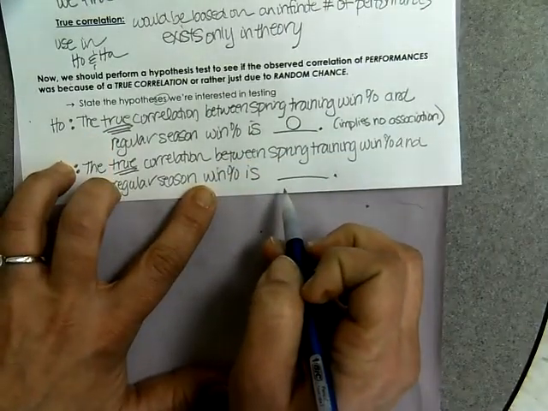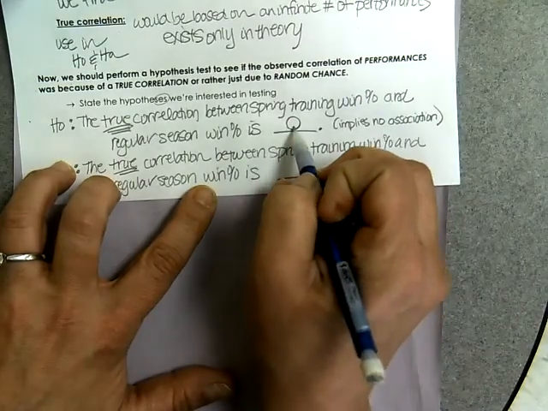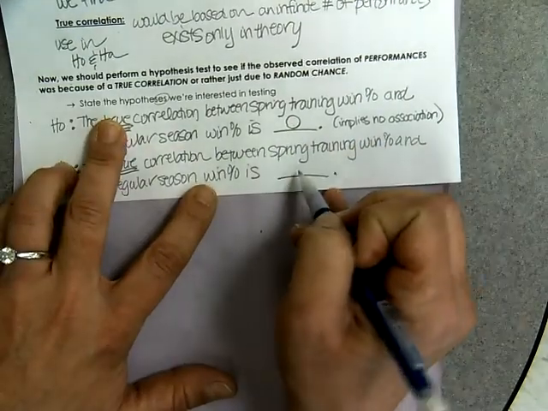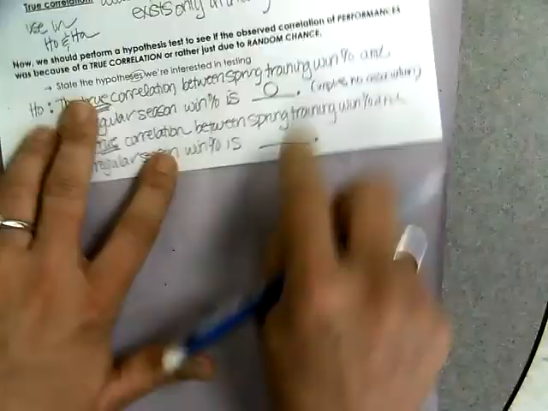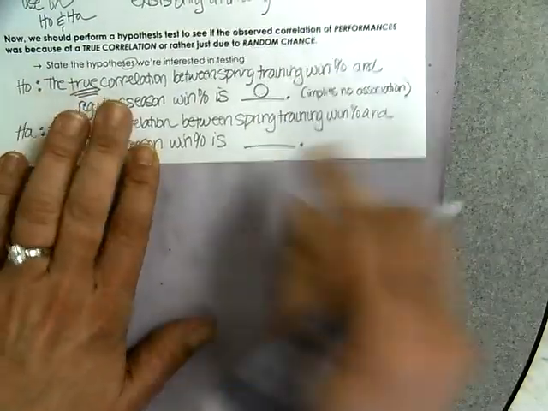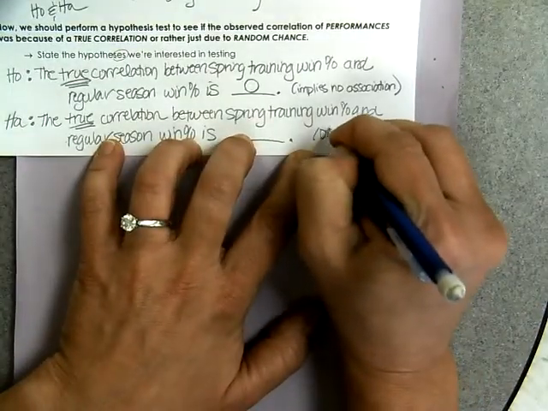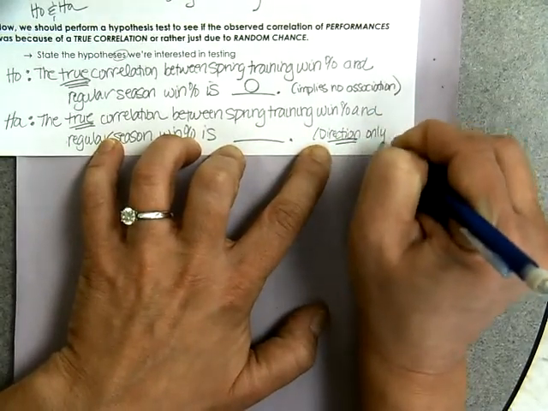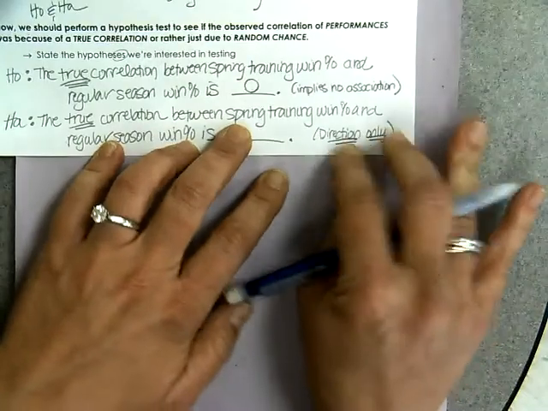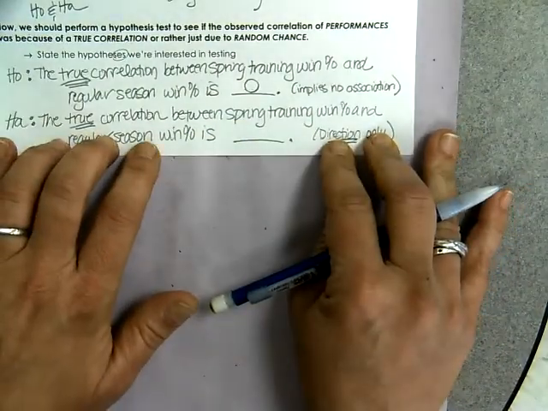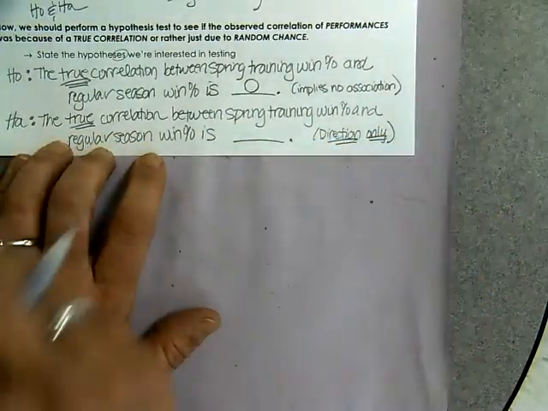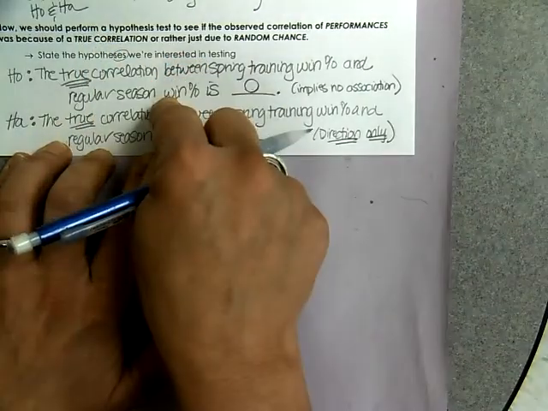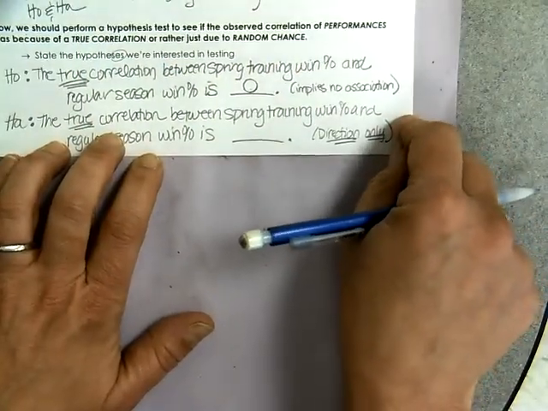Now, if you're like me, I'm a numbers girl, and I'm thinking, okay, if I have 0 here, then I'm going to put whatever my correlation was here. That's not what goes here. What we put here is the direction only. It makes no difference whether it is a strong or a weak or any kind of association.